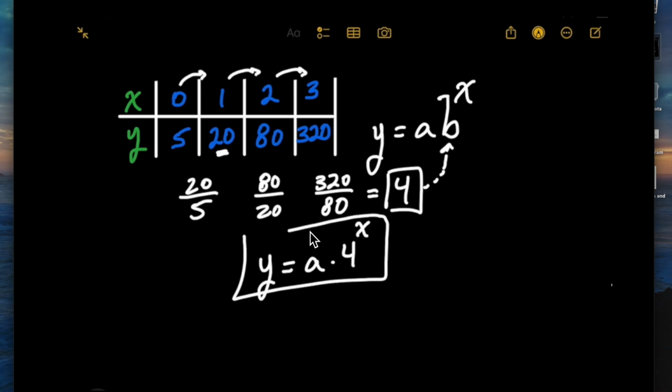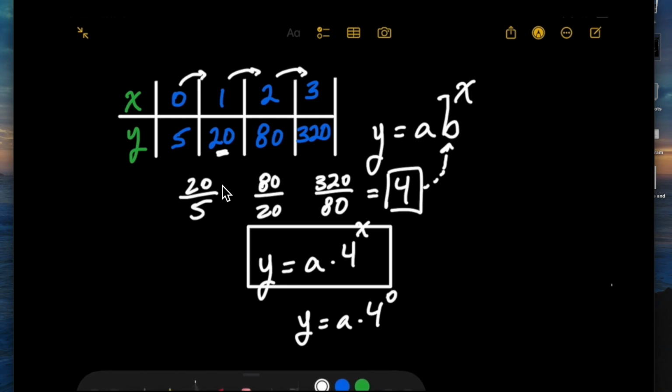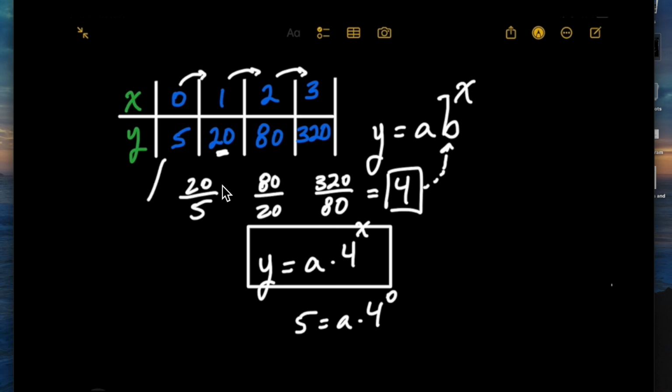At this point, we proceed to just plug in any point. Let's do 0 for x. That'll be the easiest. So now we'll have y equals a times 4 to the 0 power, but our y value for that would be 5. So I'm using, folks, this first point right there, 0, 5. And when we do that, we find that this goes to 1.